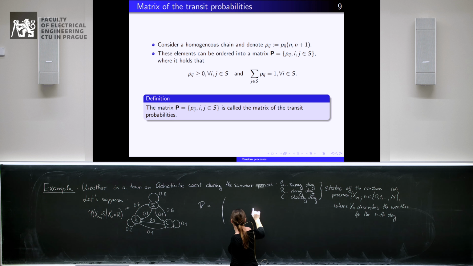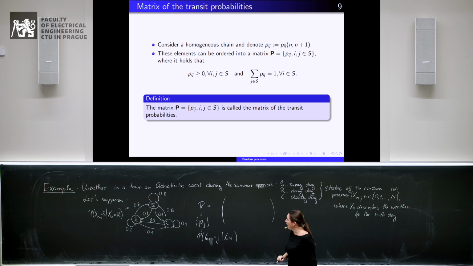So the matrix of transition probabilities is the matrix with elements Pij, where Pij is the probability, I recall, that in the following time we will be in the state j when now we are in the state i.